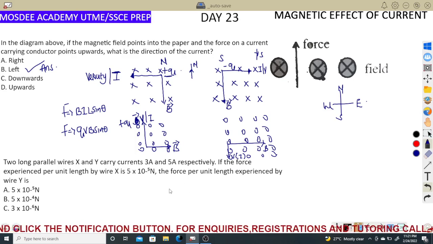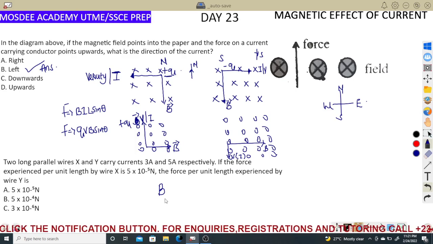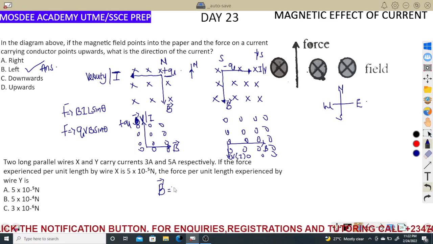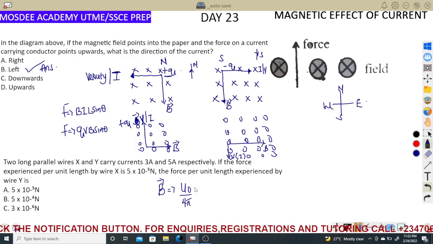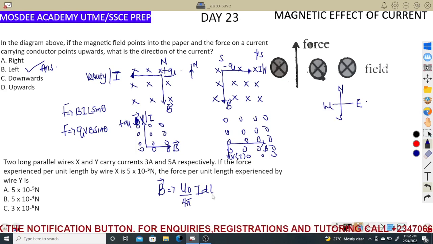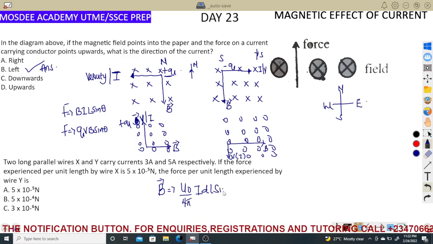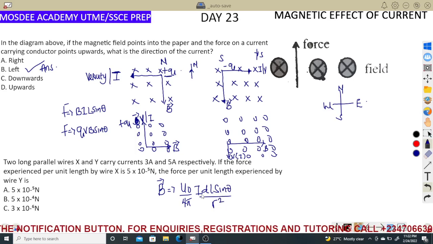It's a simple question. From what we have studied, the magnetic field for two long parallel infinite wires is given by Biot-Savart. You can also use Ampere's law, but I think Biot-Savart is very, very fast. It's given as the B vector equals mu naught over 4 pi, integral of I dl, which we call the current element, sine theta divided by r squared, where r is the distance of separation.